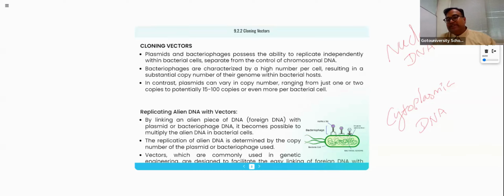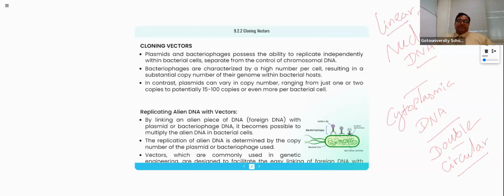The nuclear DNA is nothing but linear DNA. Cytoplasmic DNA is circular DNA. There is a lot of difference between linear and circular. And this cytoplasmic DNA is double stranded, and this nuclear DNA is also double stranded. Linear, double-stranded nuclear DNA. Circular, double-stranded cytoplasmic DNA.